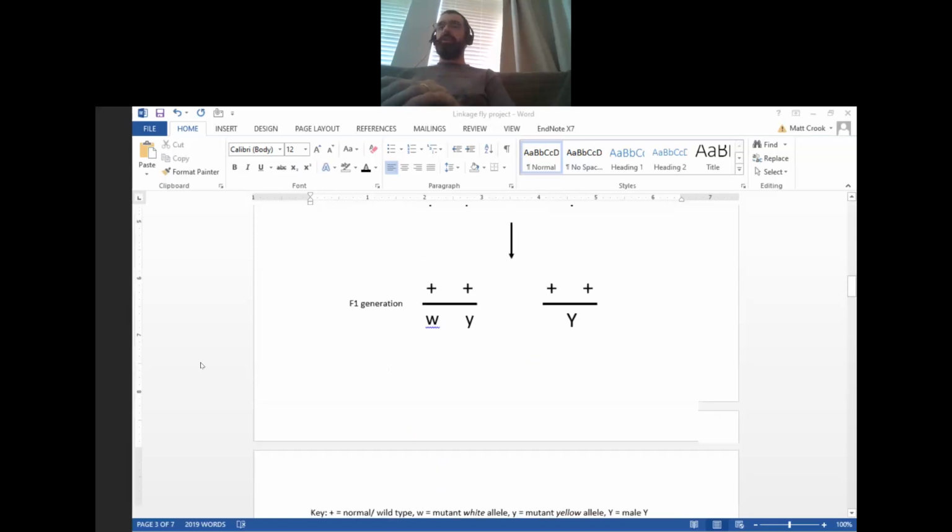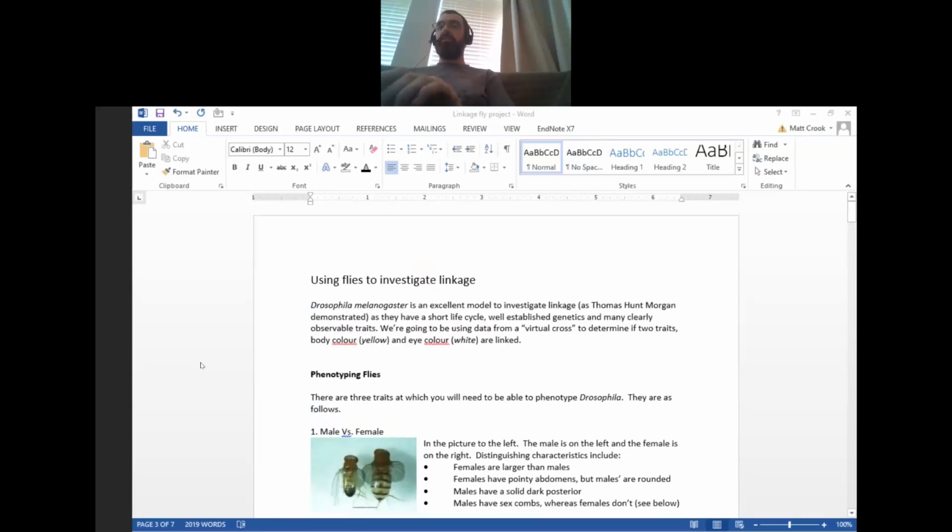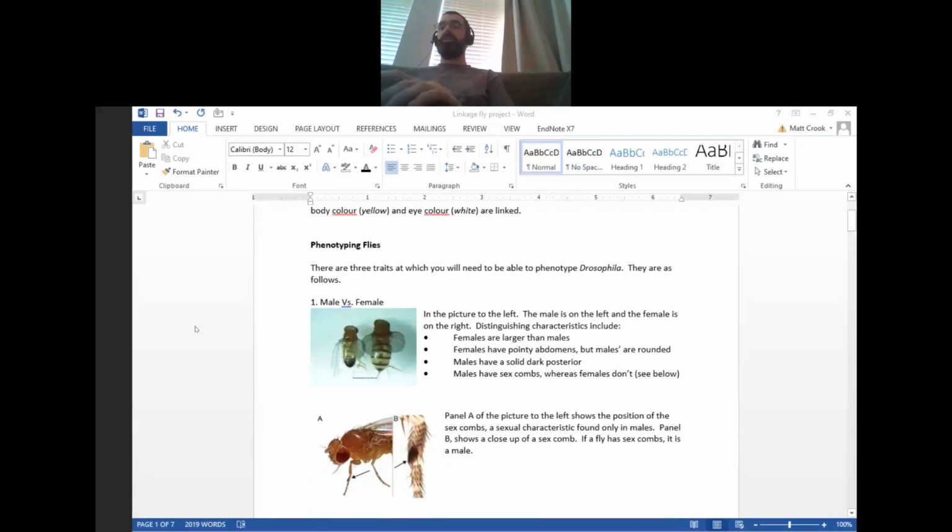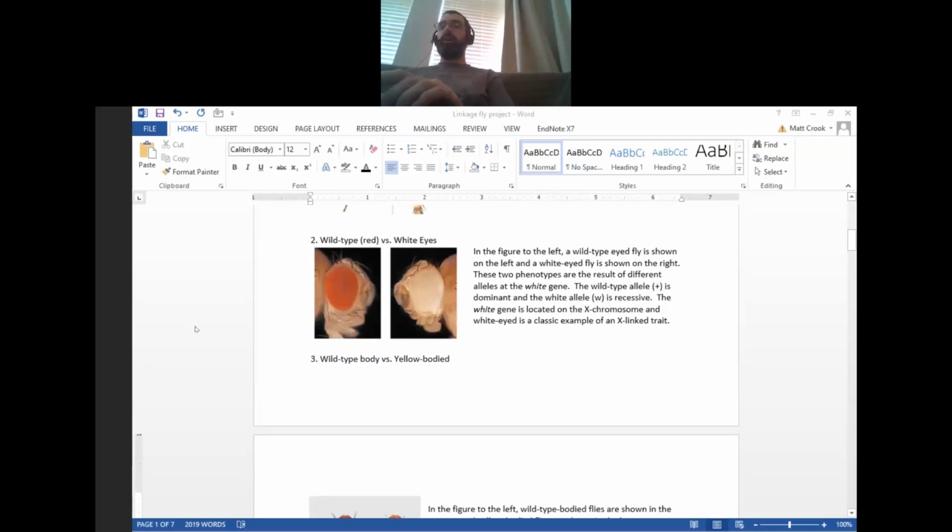So essentially what we're doing is going over the cross that we're going to be doing to investigate linkage between two loci on a fly X chromosome. One locus is the white gene, which when mutated gives you white eyes. Typically genes are named after the mutant phenotype.